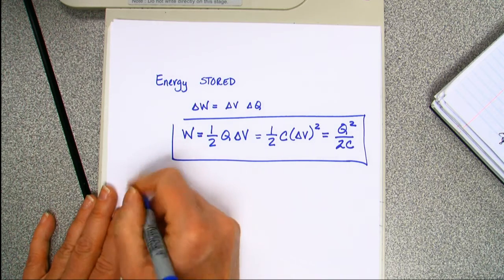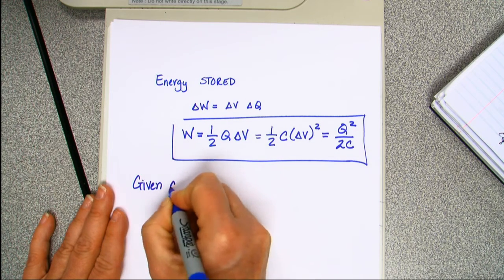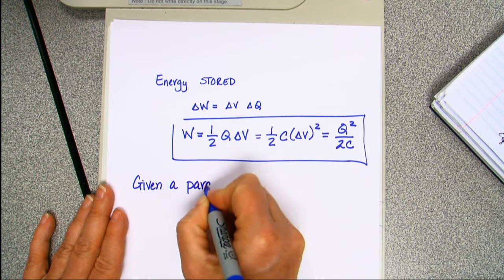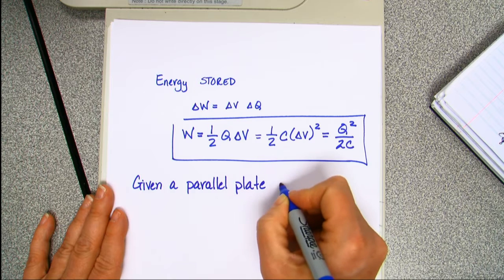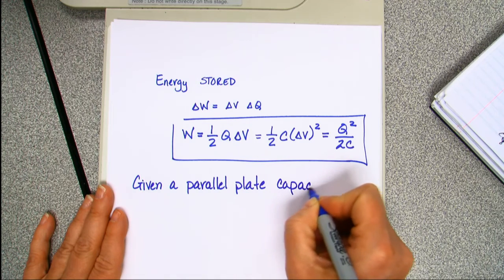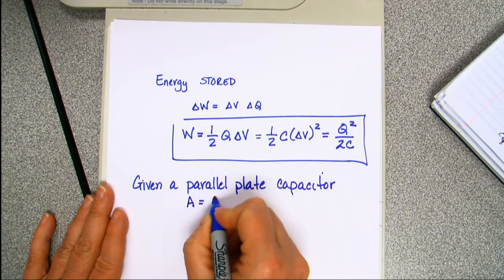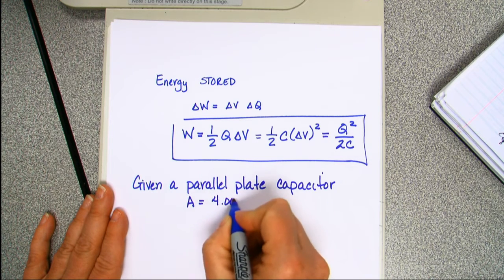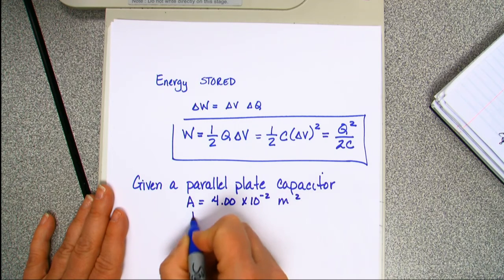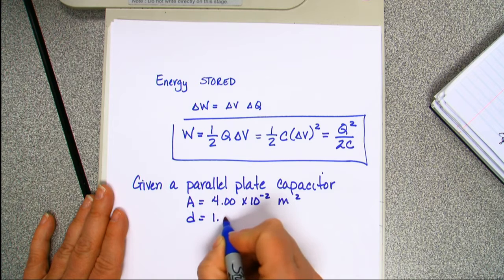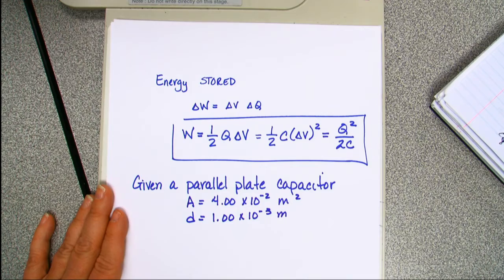Let's also do a real quick one. We're given a parallel plate capacitor with an area of 4.00 times 10 to the minus 2 meters squared and a separation of 1 times 10 to the minus 3 meters.